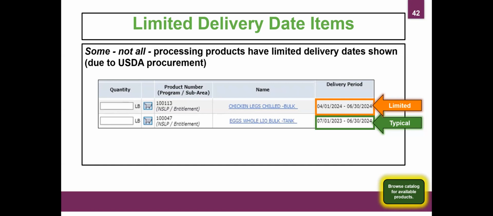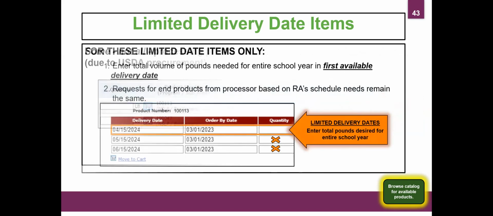And you're working through your menus and determining those quantities. When you have a limited delivery date, such as this, in this example, you will enter all of the items that you need, the total pounds for the entire school year, for the April 15th delivery date.